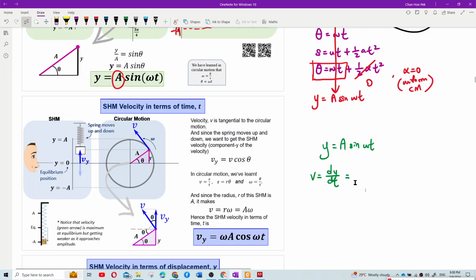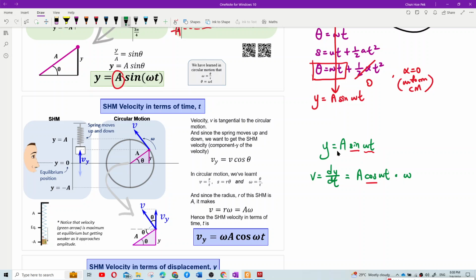Now our s is y, so dy over dt. We differentiate displacement with time. Differentiate A sine, we get A cos. Remember, differentiate outside, the sine, we get cos, and then differentiate inside, we get another omega.